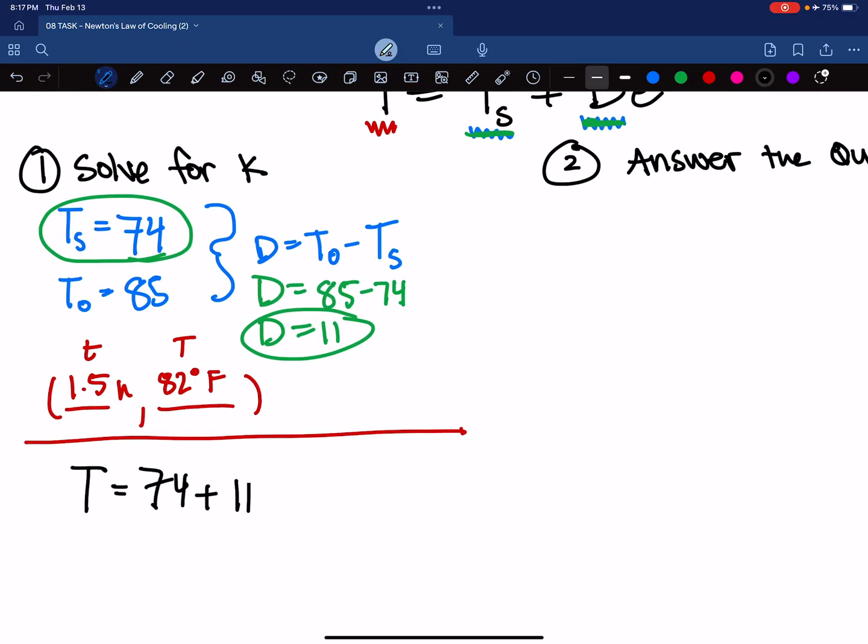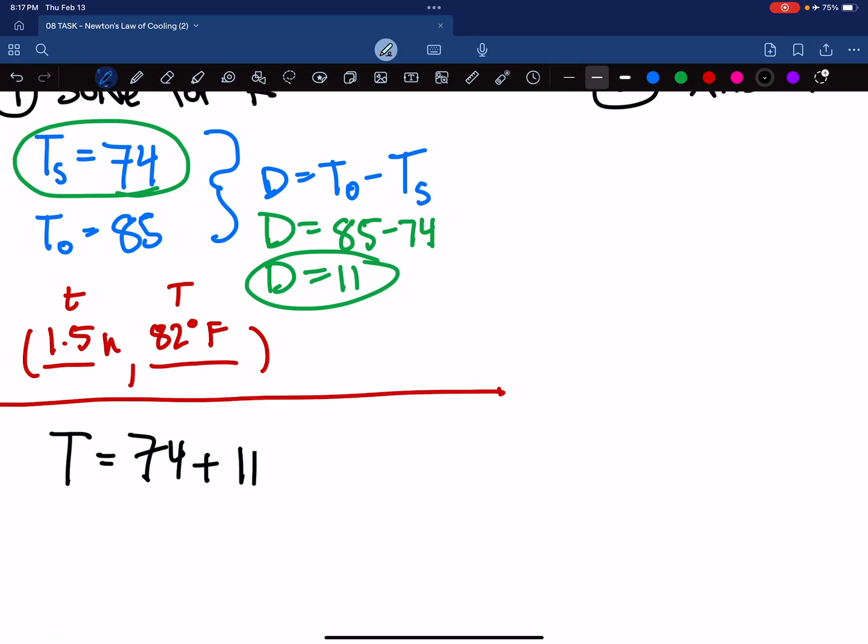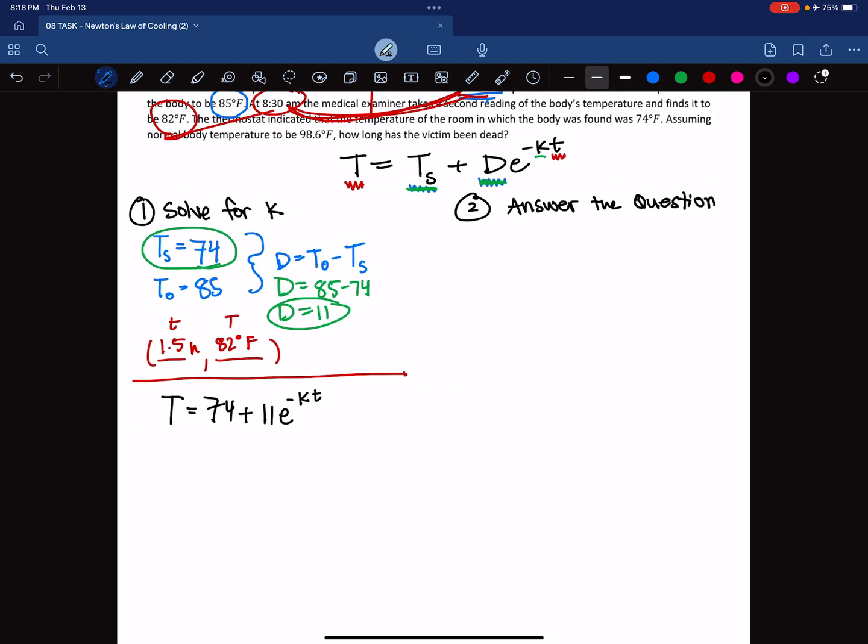Sometimes I get that backwards. Times e to the negative k times little t. So plug in your time-temperature: 82 equals 74 plus 11e to the negative k times 1.5.